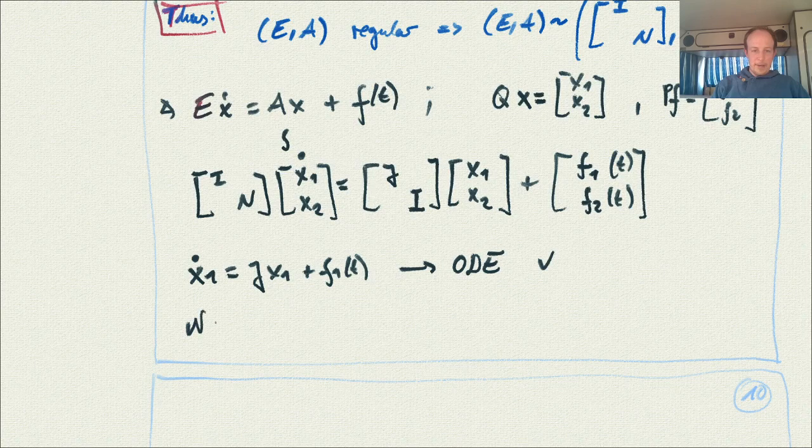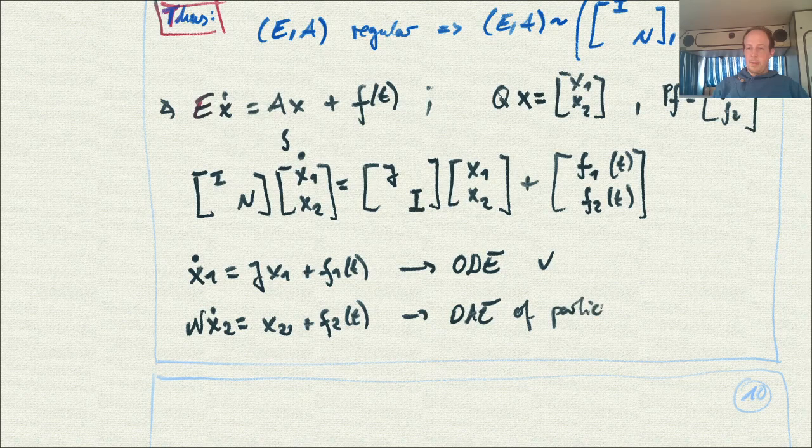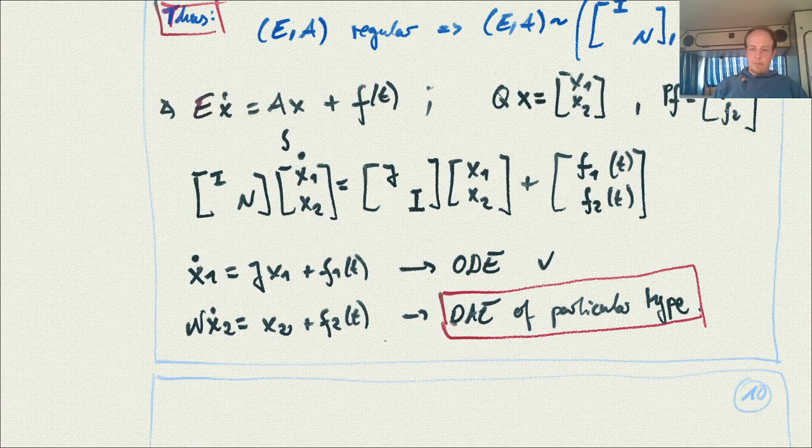And the other one is x2 dot as N x2 plus f2 of t, which is a DAE of a very particular type, and this DAE will be of our interest. We will investigate this.